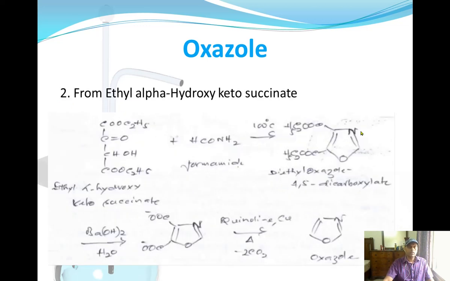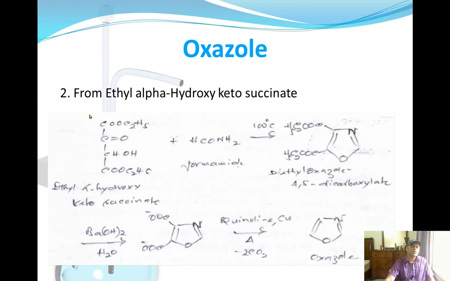The second method of preparation is from ethyl alpha hydroxy keto succinate. The product to be taken is the derivative of succinic acid at the carboxyl group position, so you are going to get C2H5. These are esters actually.